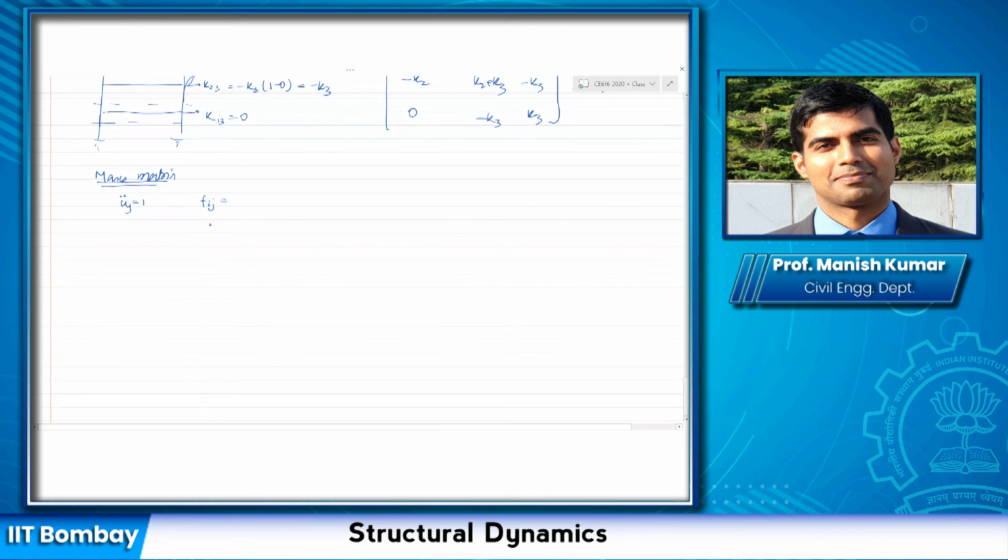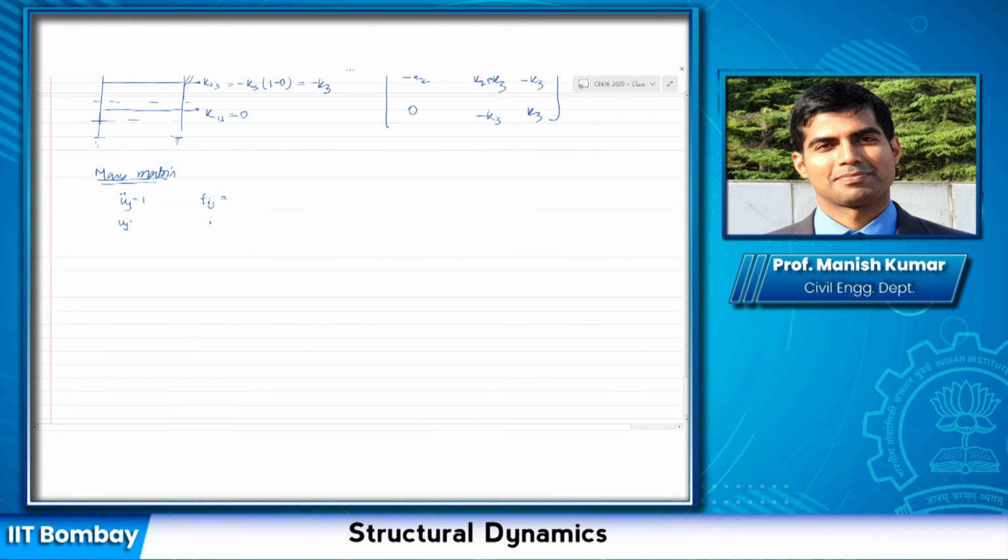So Uj double dot is equal to 1 and Ui double dot is equal to 0 for i not equal to j. So only at one degree of freedom it is equal to unit acceleration. Other degrees of freedom you hold at 0. In reality, it would not be equal to 0. When you apply unit acceleration on one node, there would be finite acceleration at other nodes as well.